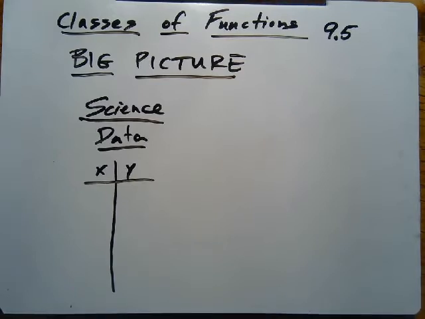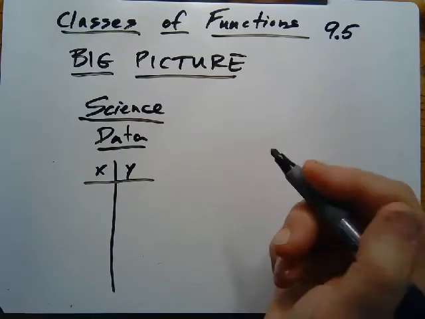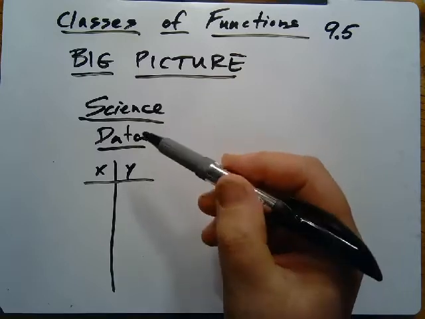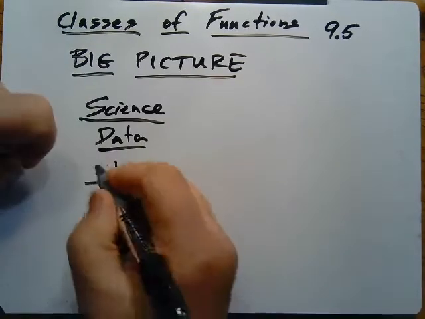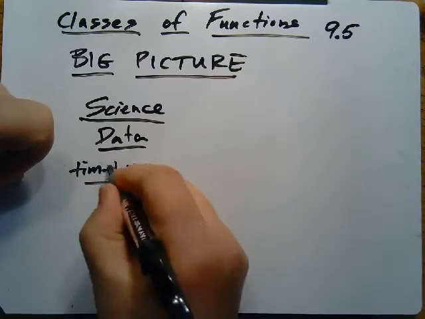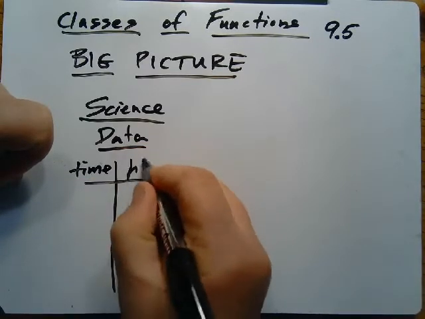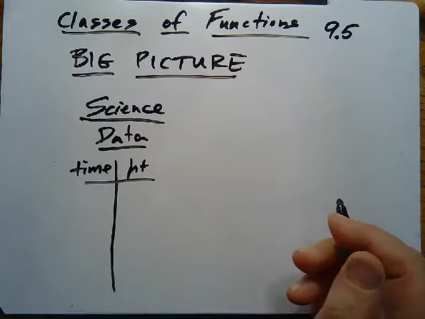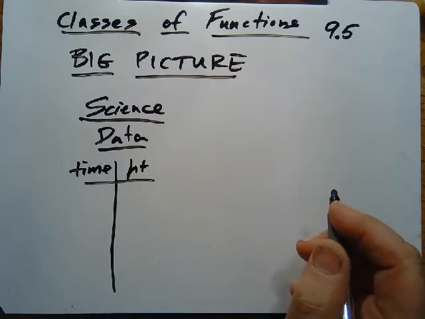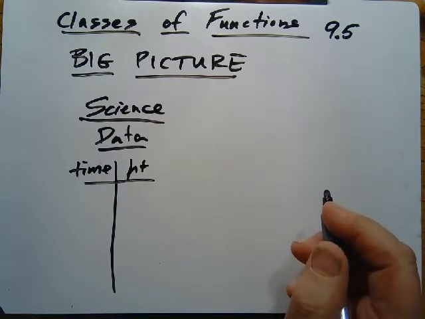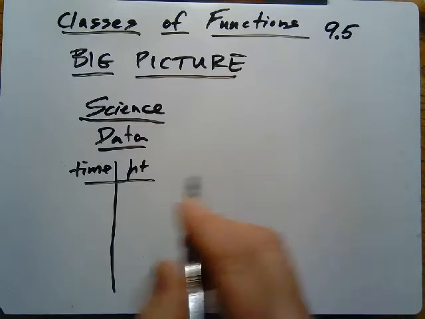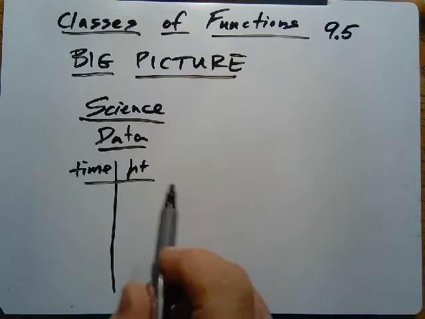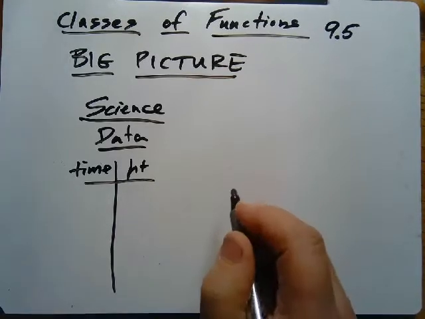You collect that data, and that data might be time versus height, or maybe the data you're collecting has to do with chemistry, how long something is being heated up, or the temperature versus viscosity, some relationship between two things.